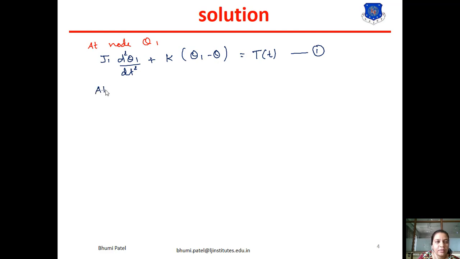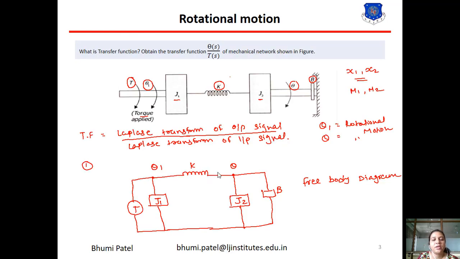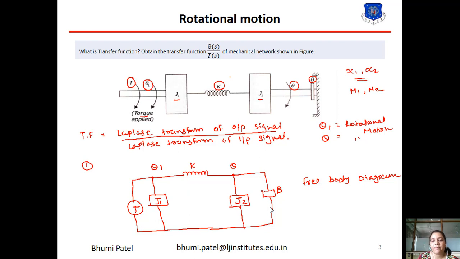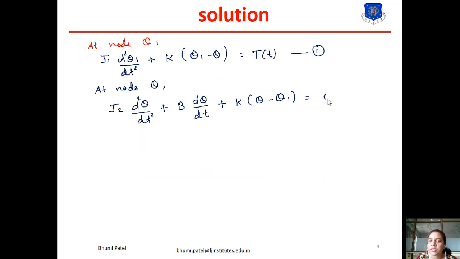Now at node theta, we write the differential equation. J2 is connected with theta, so J2 d square theta upon dt square, plus the damper is also connected, so plus b d theta upon dt, plus K(theta minus theta 1). There is no torque applied to this second displacement, so it is equal to 0. This is equation number 2.